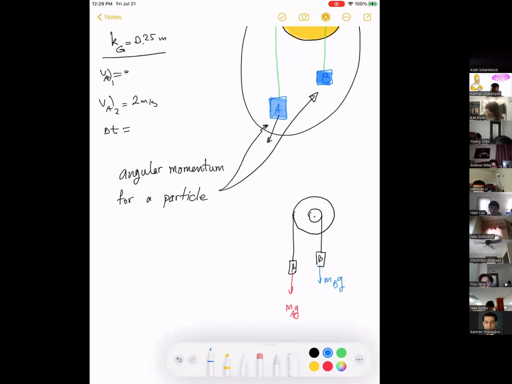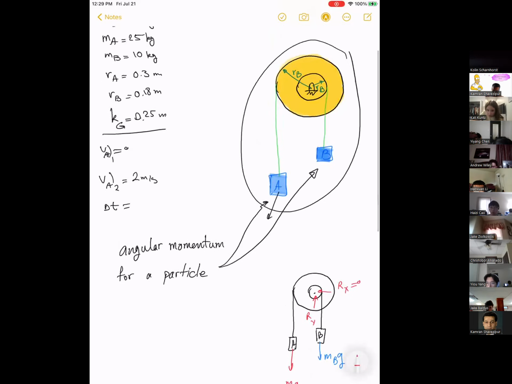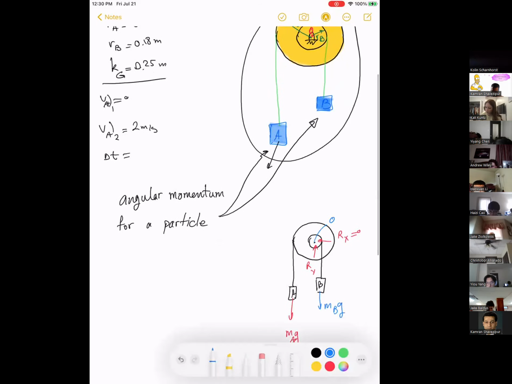And I'm going to have reaction forces like Ry and Rx. You may realize that Rx is 0 because there's no other horizontal force, right? And let's call this center point O. So this is point O. Does that make sense? Can you see this tiny O?